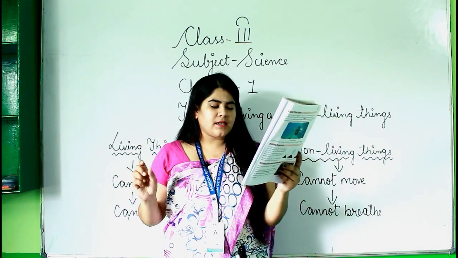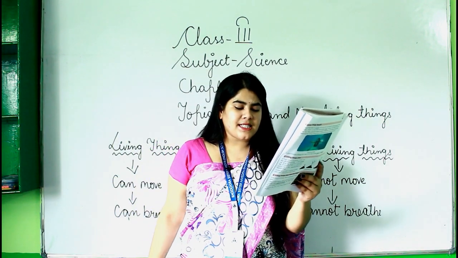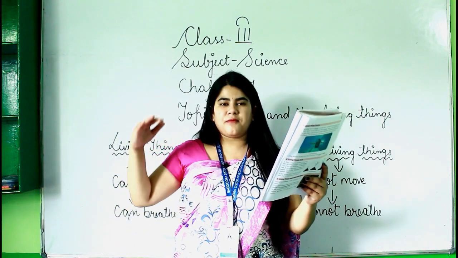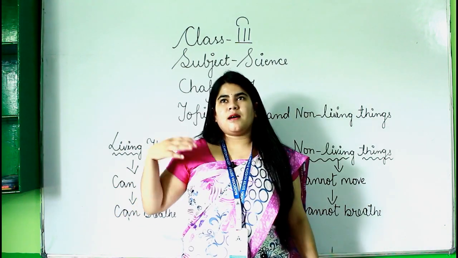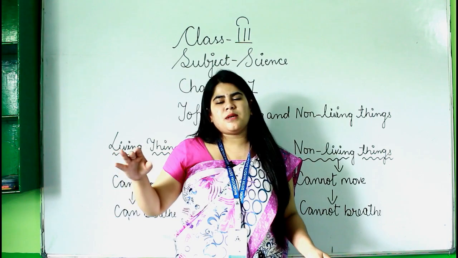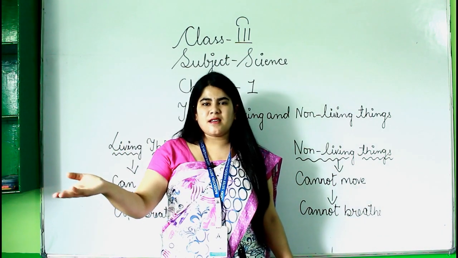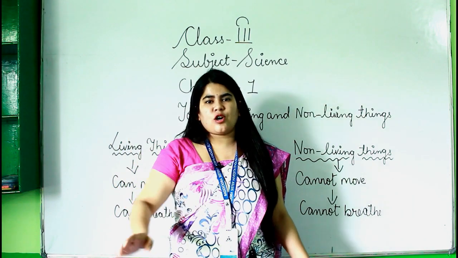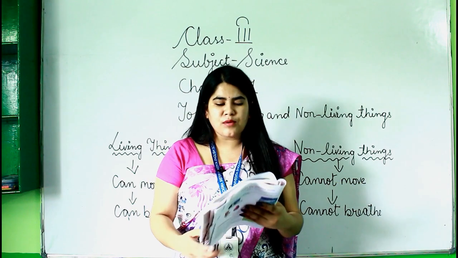A sunflower turns to face the sun. Climbers such as money plants move upward with the support of a stick as they grow. In simple language, living things can move. All plants, insects and animals, all living things can move.